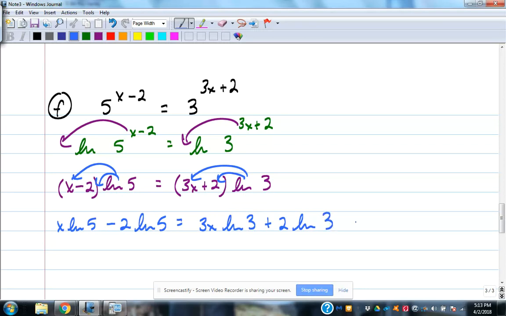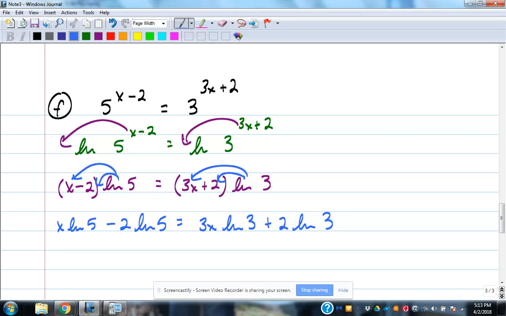Now, the reason I'm doing that is because what am I trying to solve for? X. So I need everything that's got an x to be where? On one side of the equation. When they're locked in those parentheses, I can't do that. So I've got to get rid of some stuff. So I want to distribute so that this one piece has an x.